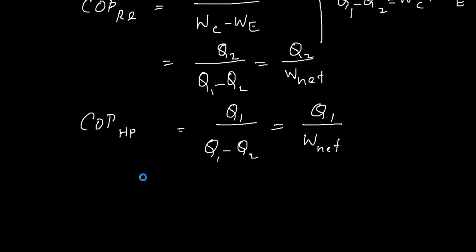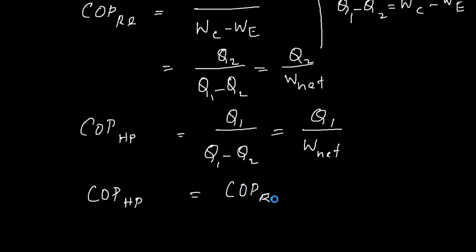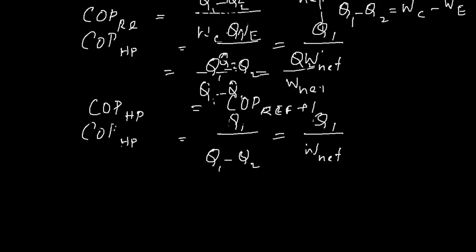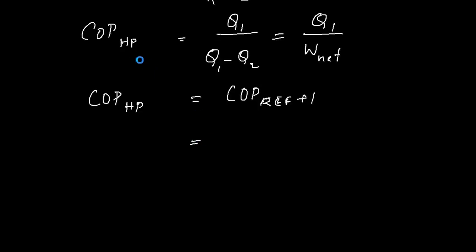Now, you can also show that the coefficient of performance of a heat pump is equal to the COP of a refrigerator plus 1. How will you prove that? It's just an easy thing. The COP of a heat pump is Q1 over Q1 minus Q2, and we say that's COP refrigerator plus 1. Let's see how. COP of refrigerator is Q2 over Q1 minus Q2, plus 1.